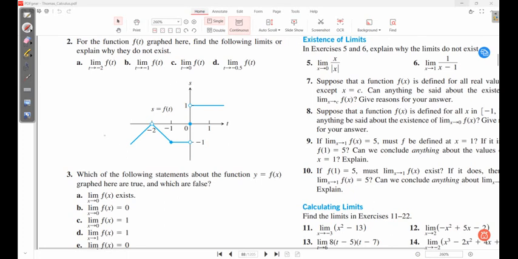Read the question correctly. It says, find the following, or why they do not exist. So in a case where the limit doesn't exist, you can't find it. So why should I explain why it doesn't exist when it does exist? So all the ones we've looked at so far, they are existing, in short. That's what I'm trying to say. Okay?